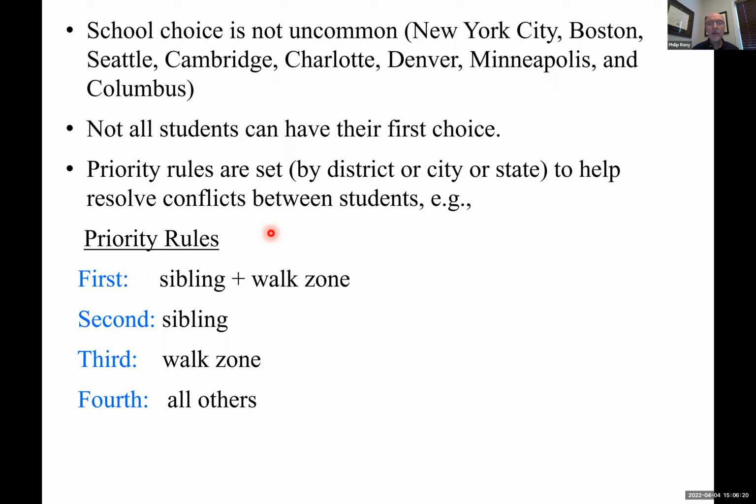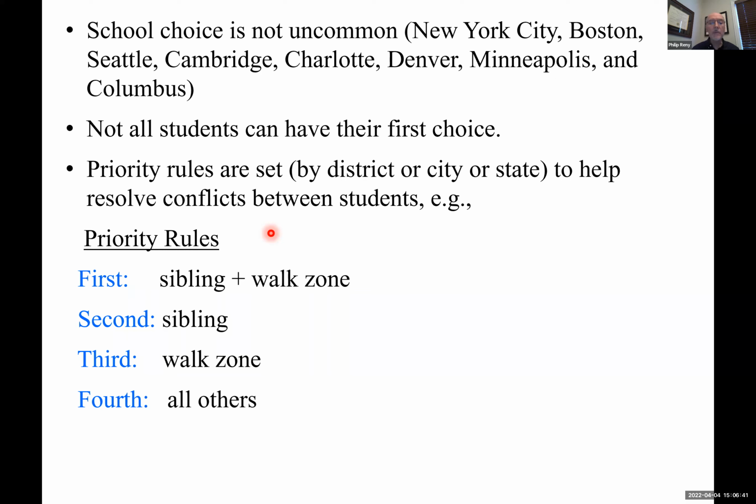You'd be in the second priority group if you only have a brother or sister there, but you're not in the walk zone. You'd be in the third priority group if you are only in the walk zone, but don't have a brother or sister there. And the fourth priority group is everybody else, if you neither have a brother or sister, nor are you in that school's walk zone.